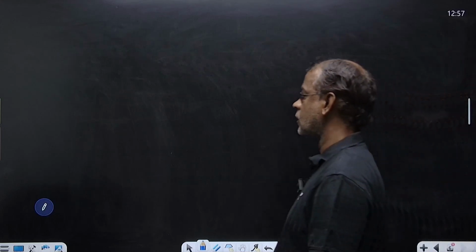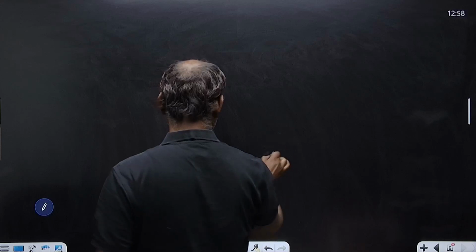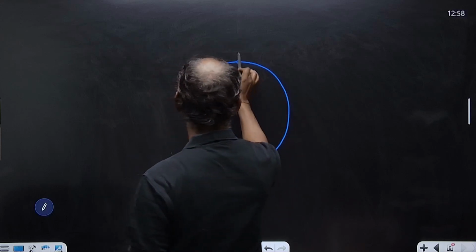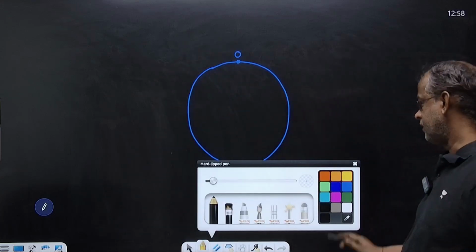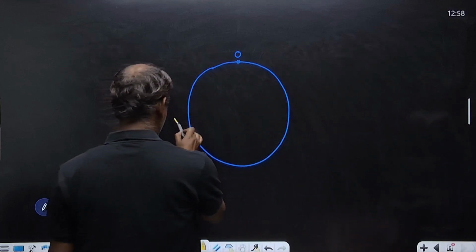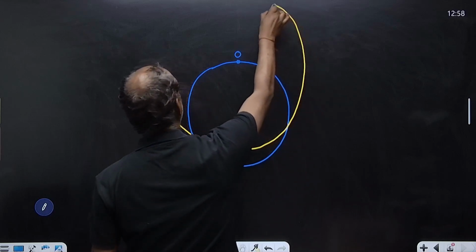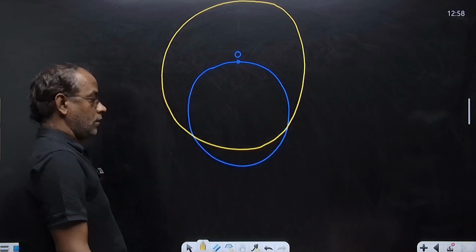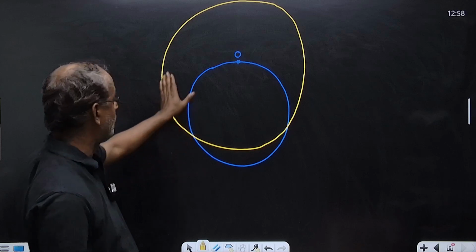So you are given a circle of radius r. Let me draw a circle of radius r. O is a point on the circumference. Now with O as center, you draw a circle of radius 3r by 2. Now in the smaller crescent, say this is the crescent of a moon.